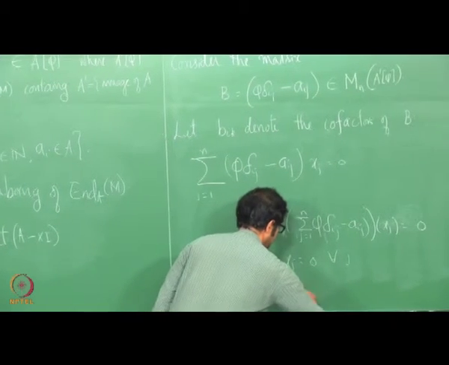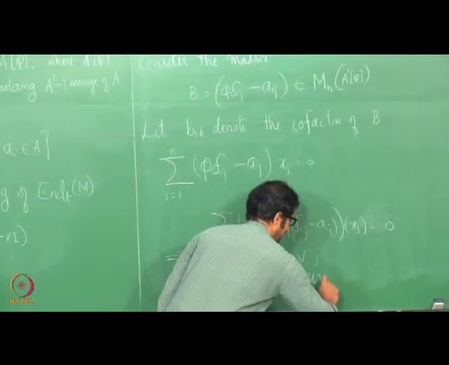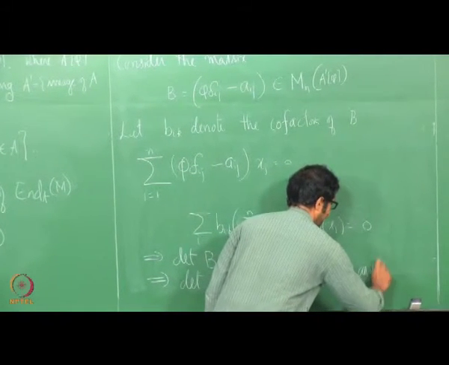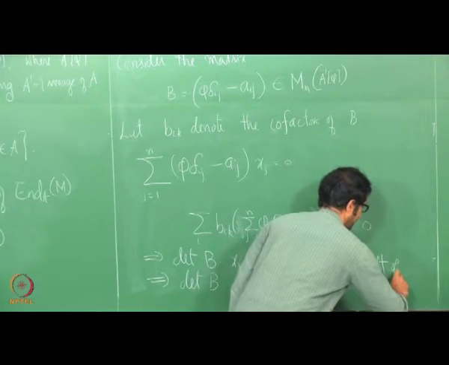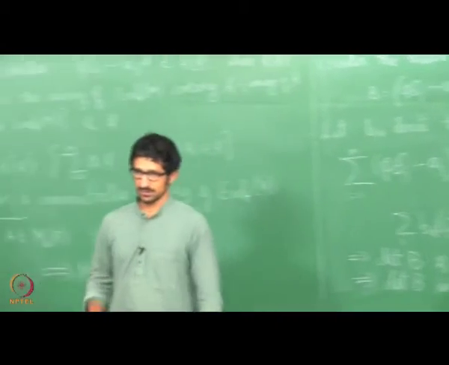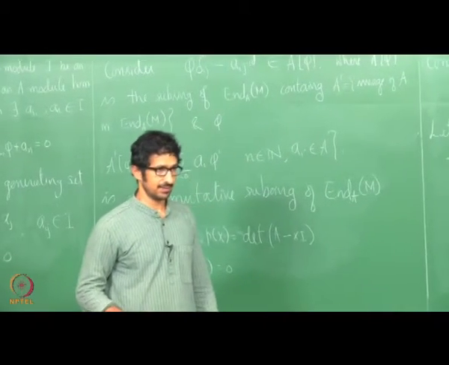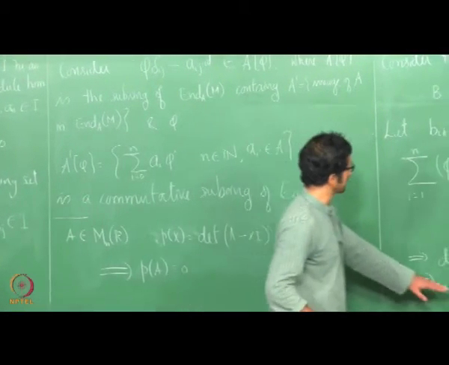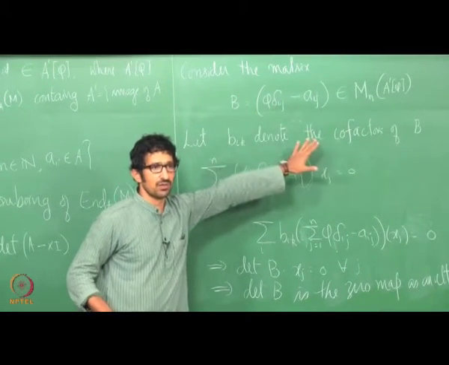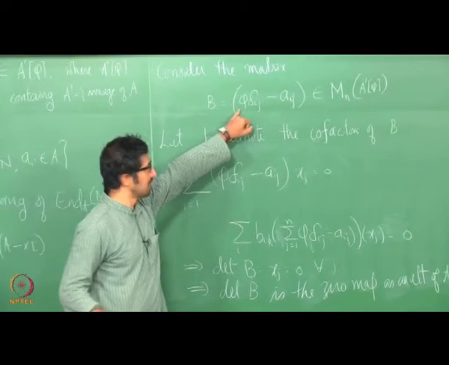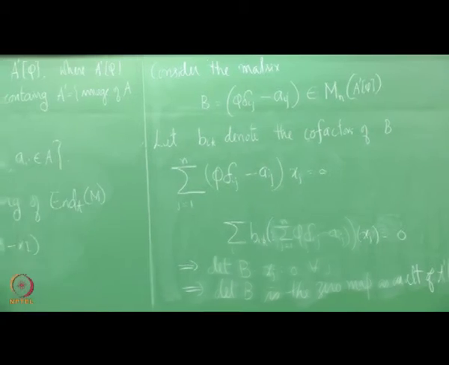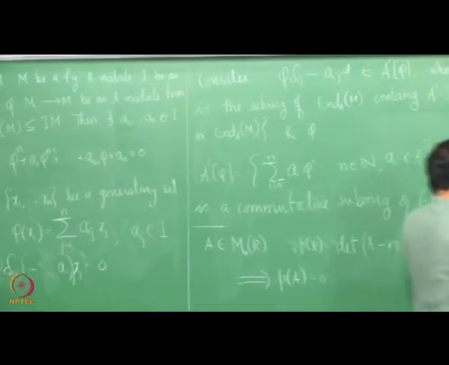This is the 0 map as an element of End(M). But what is the determinant of B? If you expand this, what you get is a degree n equation here, I mean φ power n.